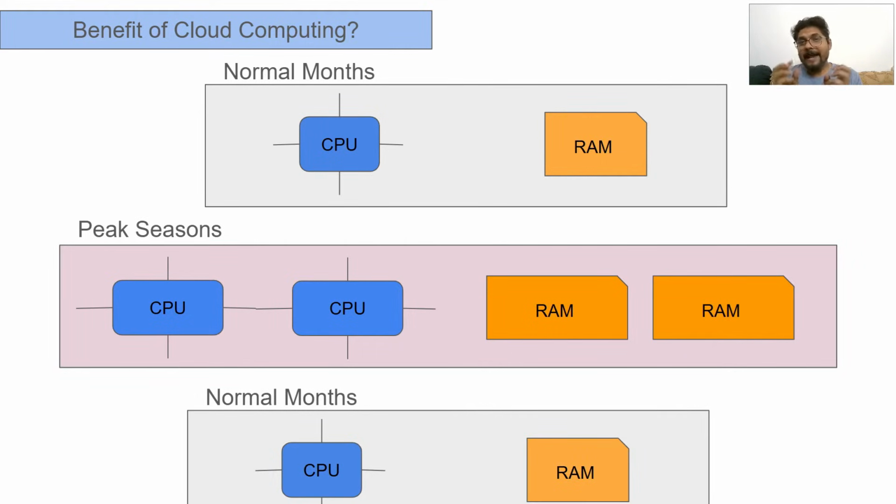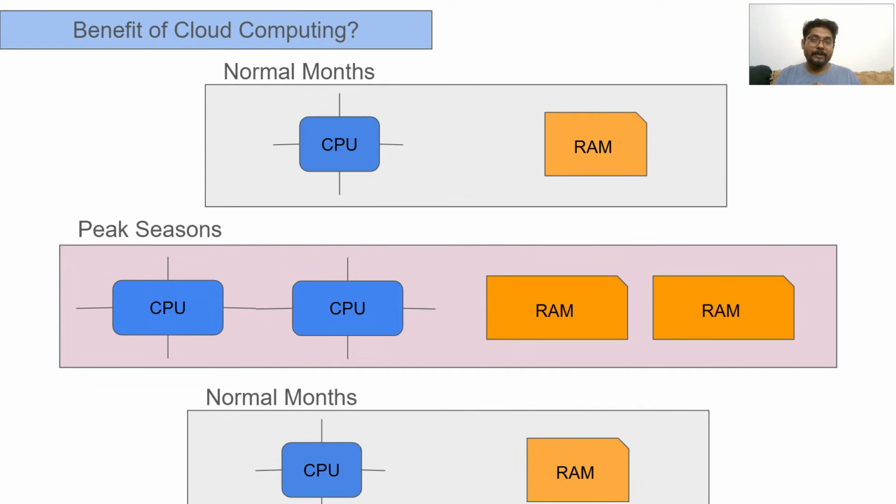Now, this is slightly not impossible with the on-premise setup because let's say I have already purchased 2 RAMs, 2 CPUs. Even in a normal month, I would say anyways, I have already paid for it. Let it be there and let it run. Correct? So I use a capital amount to buy these hardwares.